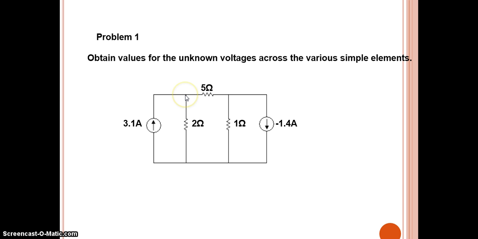At this point we have the 5 ohm resistor, 2 ohm resistor and 3.1 ampere source meeting. Now see this point. Here we have the 5 ohm resistor, 1 ohm resistor and this current source. All these meet. So we have two nodes here and all these elements are grounded at this point. So that is taken as another node. So in total we have three nodes.